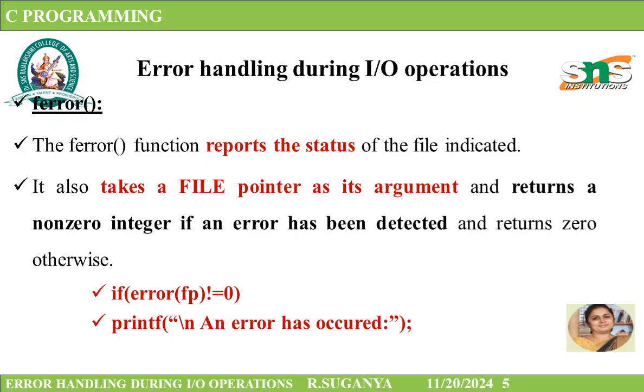The ferror function reports the status of the file indicated. It also takes a file pointer as its argument and returns a non-zero integer if an error has been detected, and returns 0 otherwise.